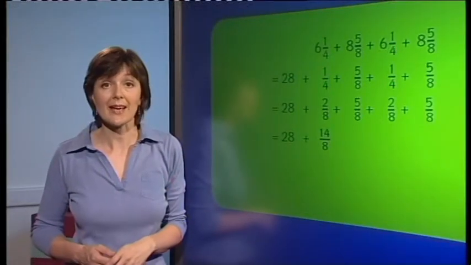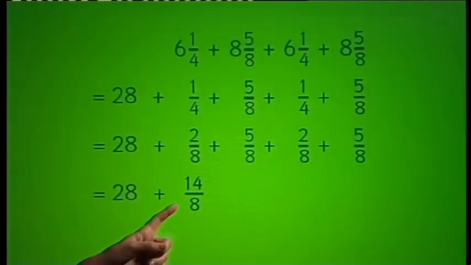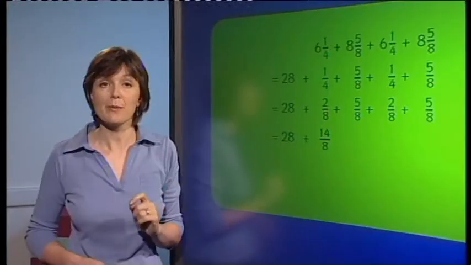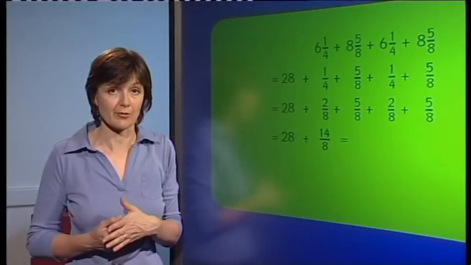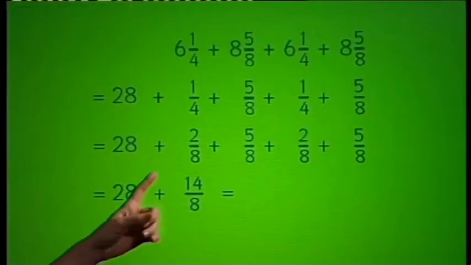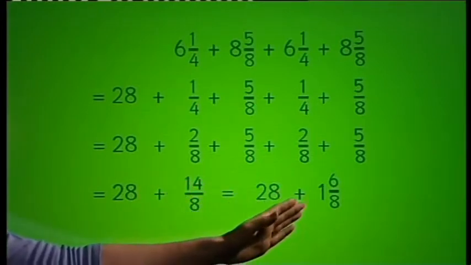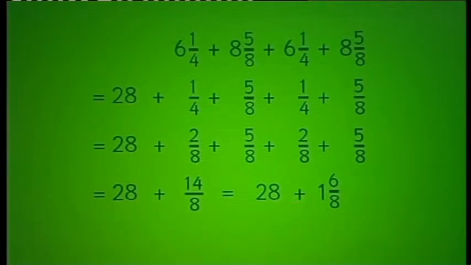Now of course 14/8 is an improper fraction. 14 is bigger than 8. So this will give us a mixed number, and we'll have to remember to add the whole number part we get from here to the 28 that we already have. 14 over 8 is 1 6/8. So now we have 28 plus 1 6/8, but of course it's always best to give fractions in their lowest terms. 1 6/8 simplifies to 1 3/4.